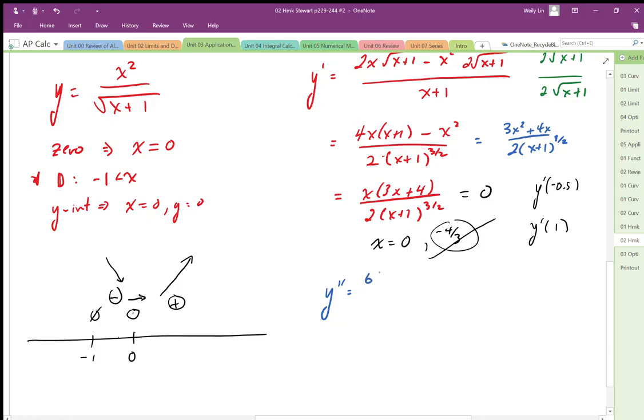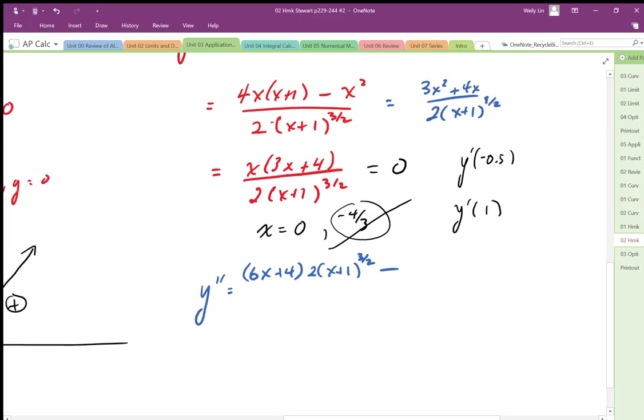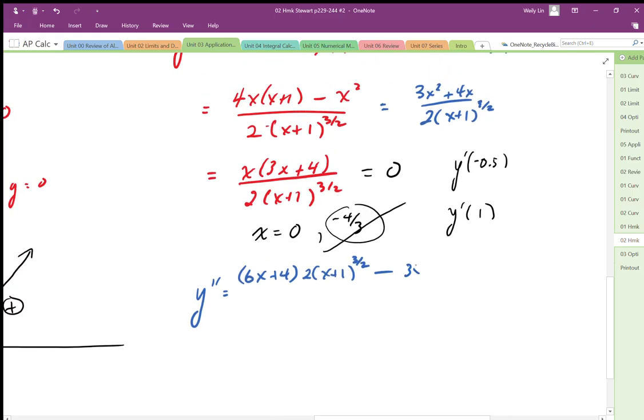So I end up with 6x plus 4 times the denominator, so that's going to be 2 times x plus 1 to the 3 over 2, minus 3x squared plus 4x, and then the derivative of that denominator is going to be 3 over 2 times 2, which is just going to give us 3, x plus 1, and I'm going to subtract 1 from the power, so I get 1/2, and then that's all over 2 squared.